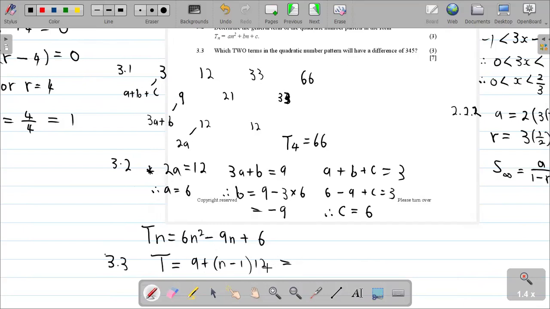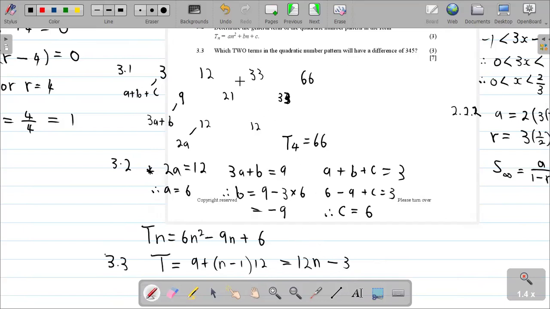So it's going to be equal to 12n minus 3. Yes, 12n minus 3.